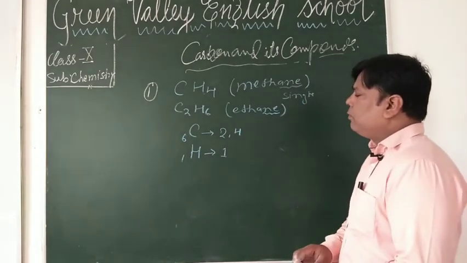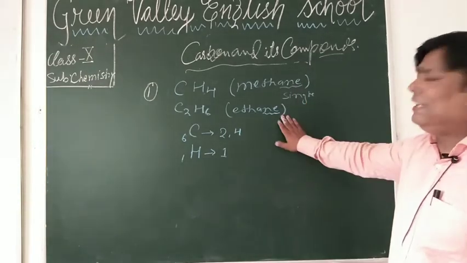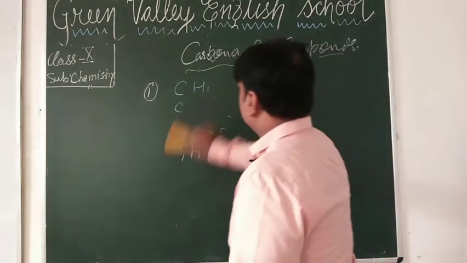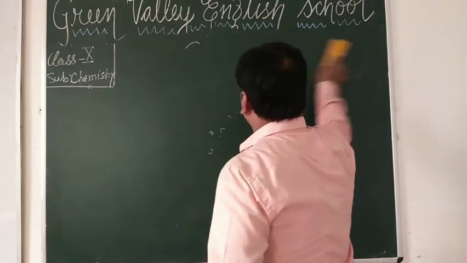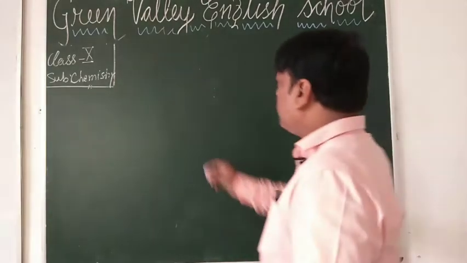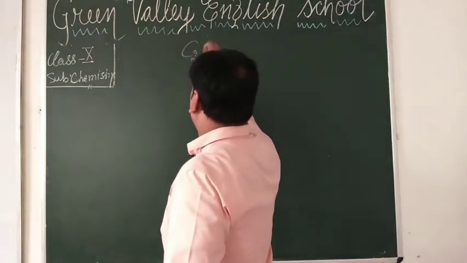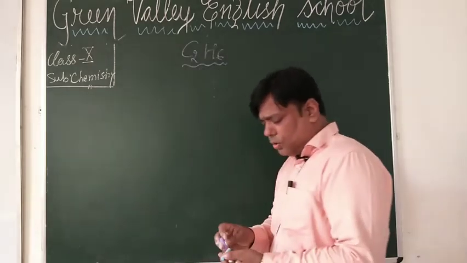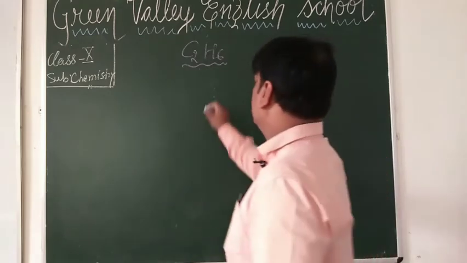So now I am going to draw a structure for ethane. Formula is C2H6, ethane. There are 2 carbons and 6 hydrogen.